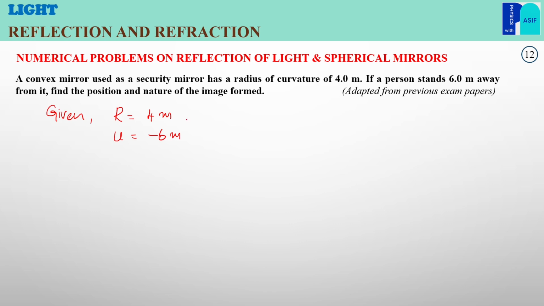And from the radius of curvature, we can find out the focal length, that is f is equal to R by 2, that is equal to 4 by 2, that is 2 meters. For a convex mirror, the focal length is positive, therefore it is plus 2 meters.